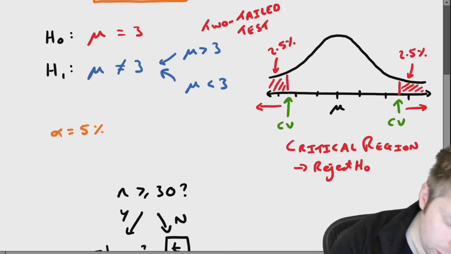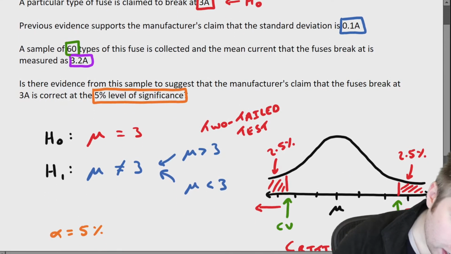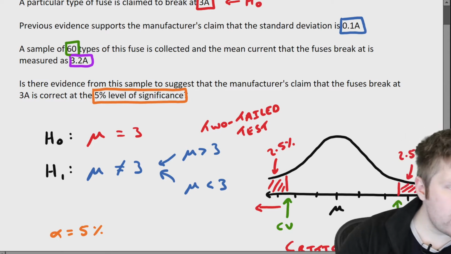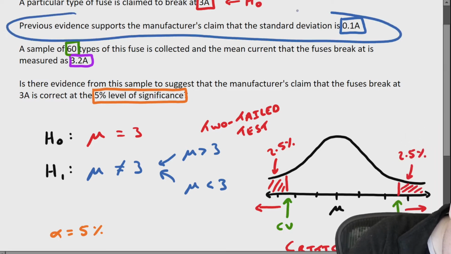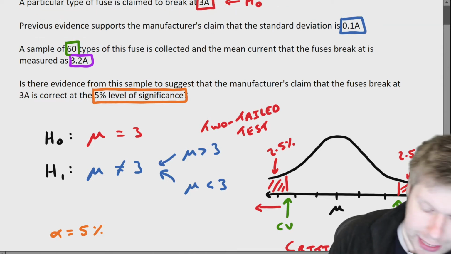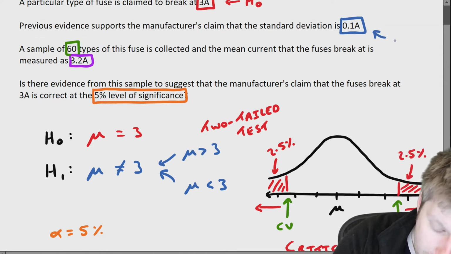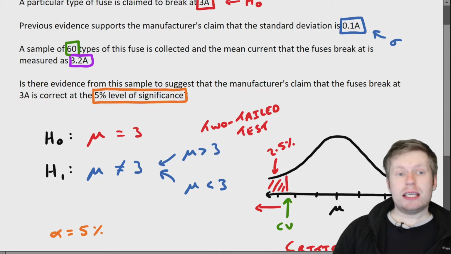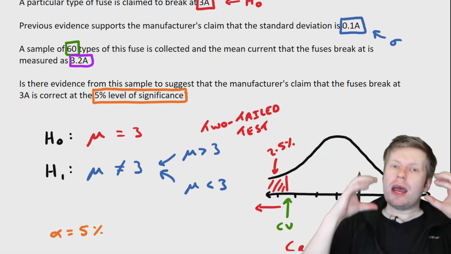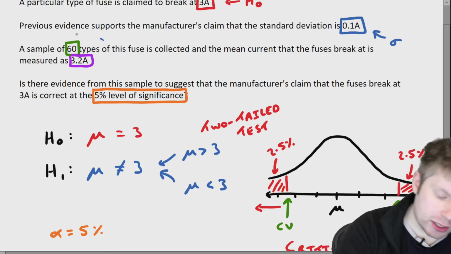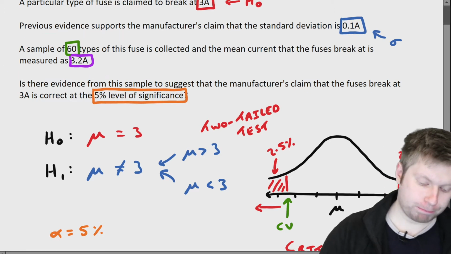So let's check it out. Let's see what evidence we've been given. So look, I've basically been told that previous evidence supports the manufacturer's claim that the standard deviation is 0.1. That is my population standard deviation, okay? That's my population standard deviation because I'm not obtaining it from the sample data that I've collected, in other words, the sample of 60 fuses, okay?